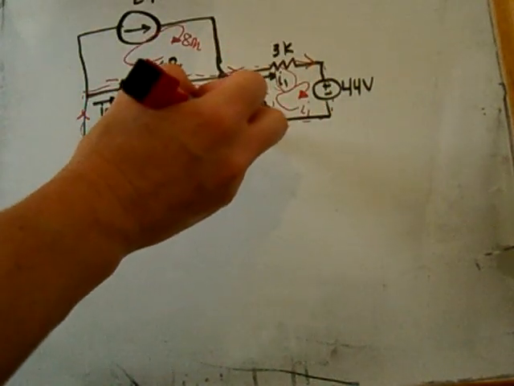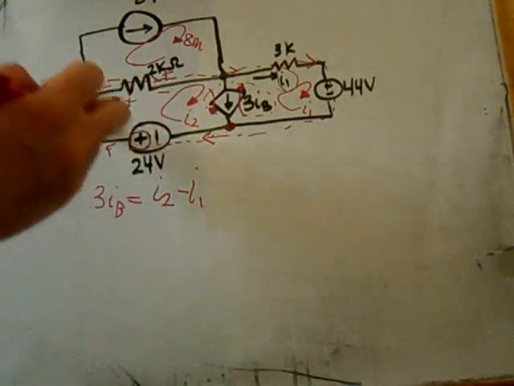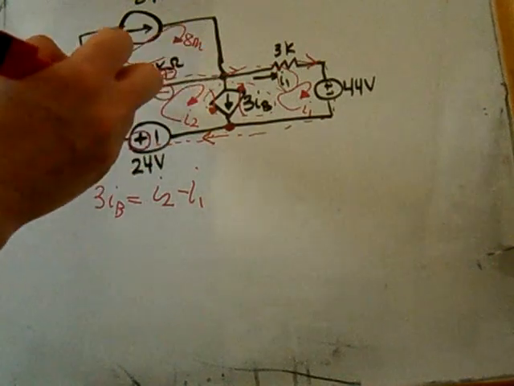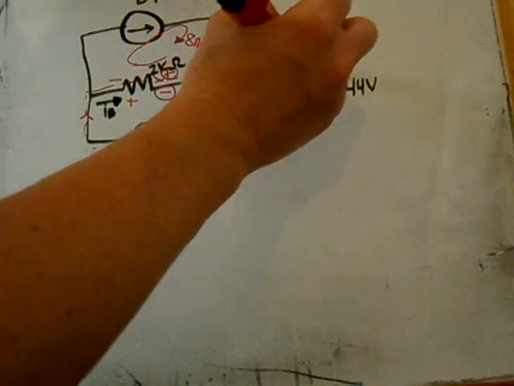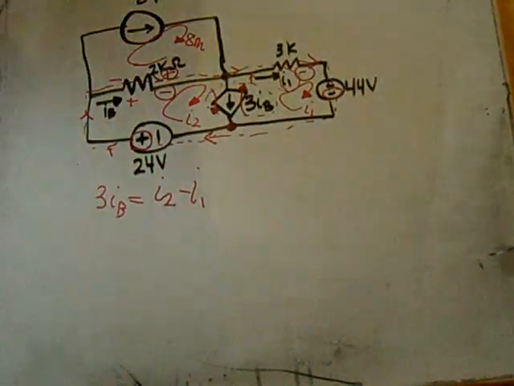So as I start here, I go through this, I'm going to have a plus 24. I go through this, I'm going to have a plus 8 milli and a minus I2. I go through this, this is going to be a minus I1 and a minus 44.